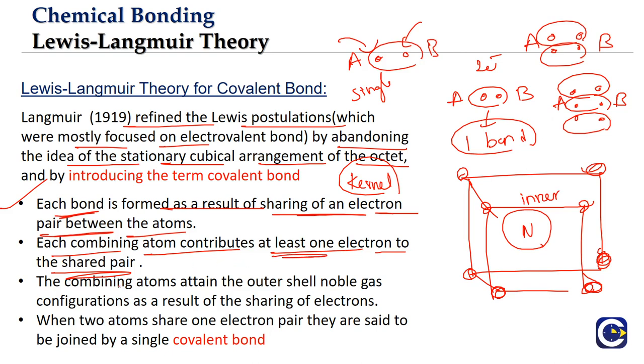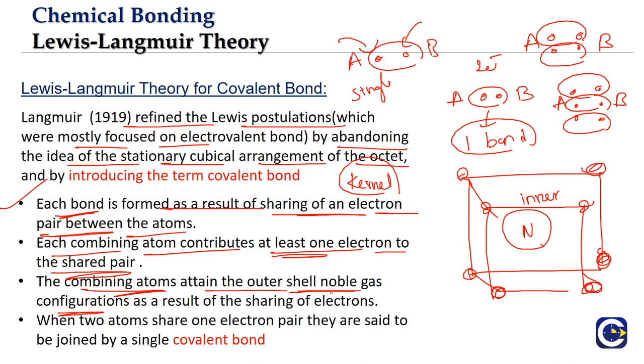And the combining atoms will attain the outer shell noble gas configuration. So as a result of this sharing, the noble gas electronic configuration will be attained. And how will the noble gas electronic configuration be attained?